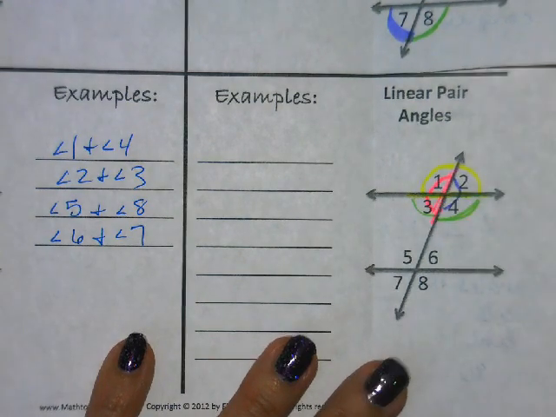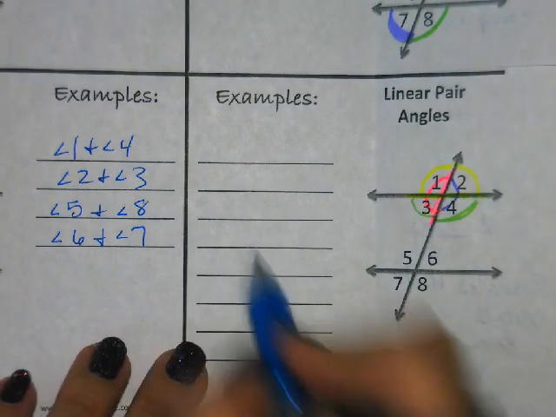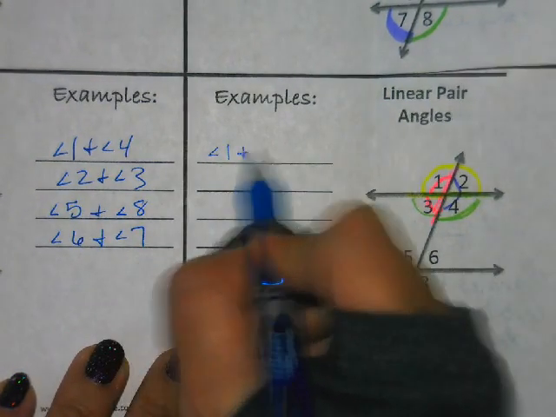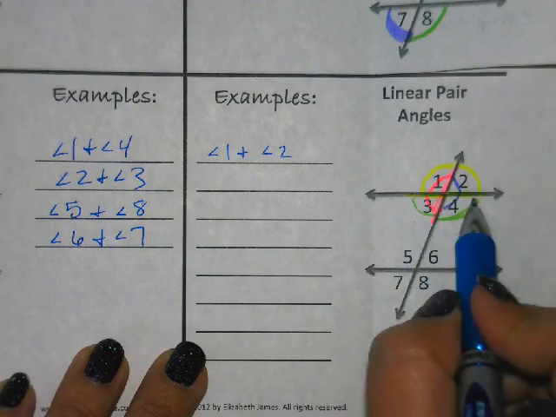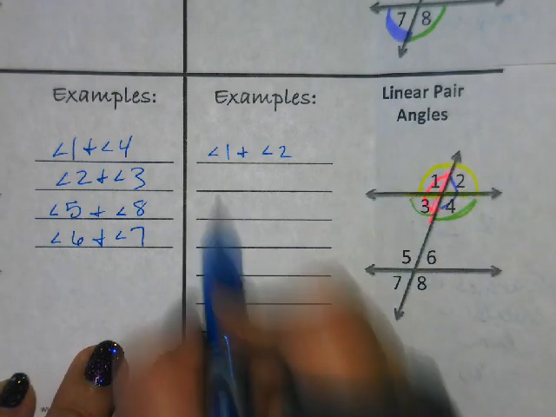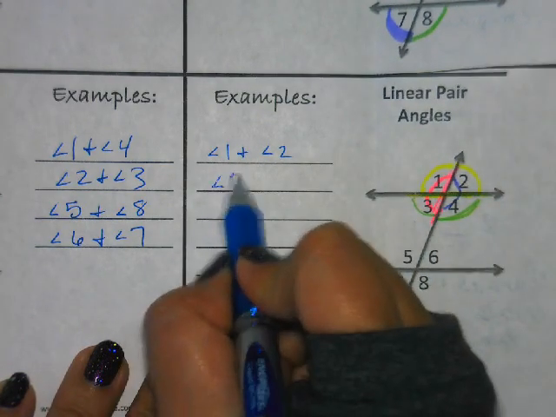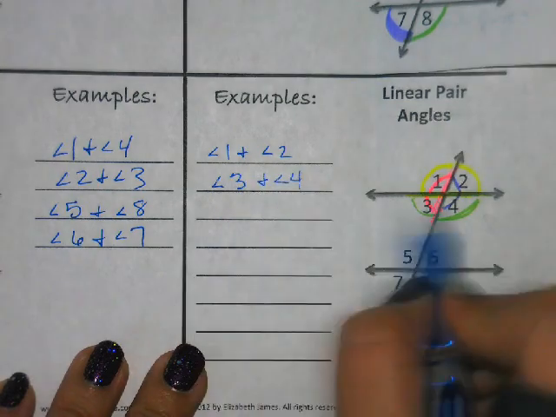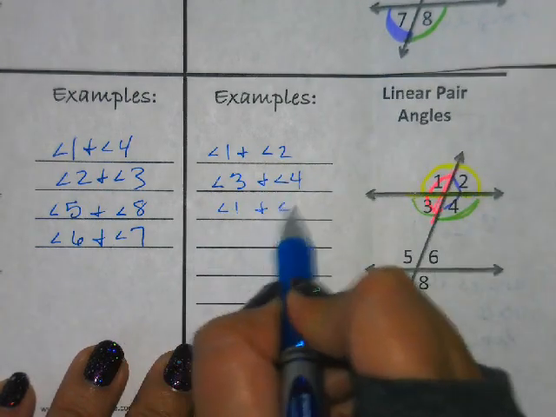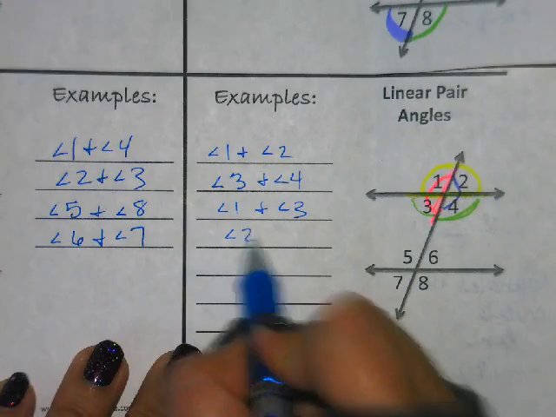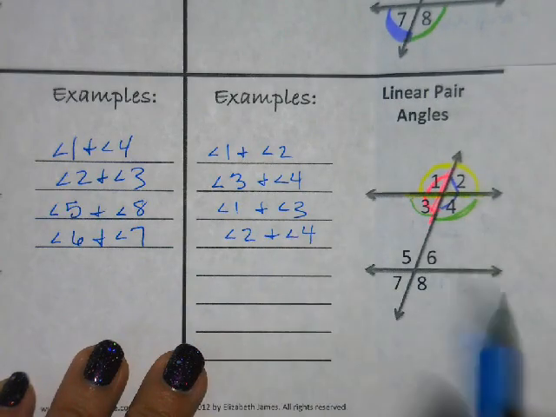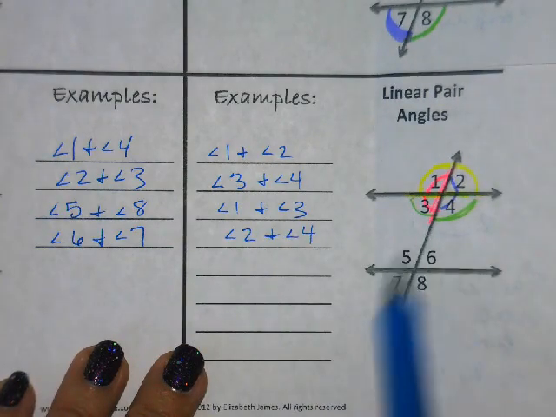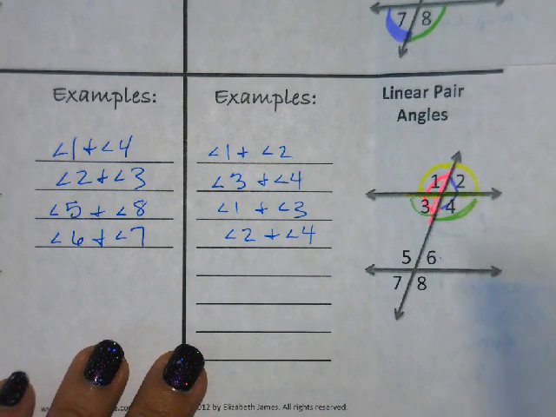So we've got a lot of angles going on here. So I can say angle 1 and angle 2. Those were our first ones that we did with yellow. And then we did green, so angle 3 and angle 4. We did pink, angle 1 and angle 3. We did purple, angle 2 and angle 4. And we know, based hopefully on everything we've looked at, this matches this.